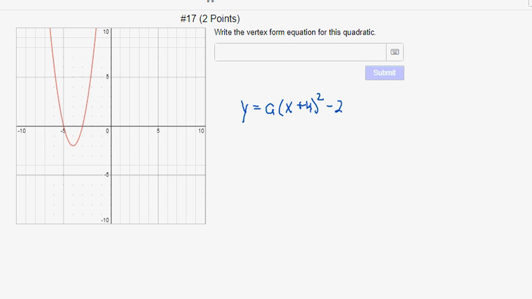So we know it's a. Most of our problems, a has been 1. This time, again, going back to the fact that we have this point right here.